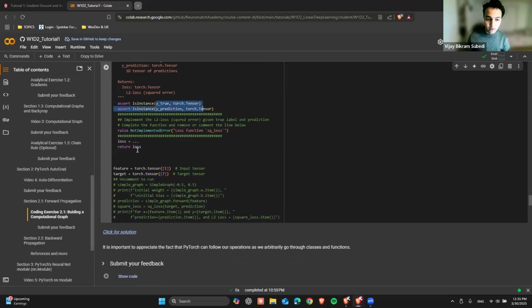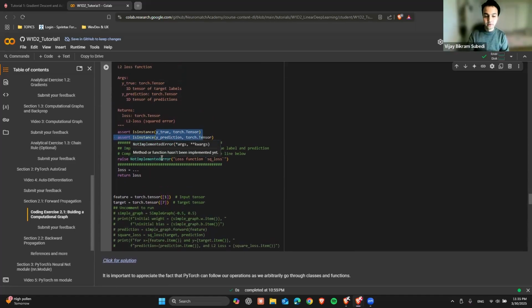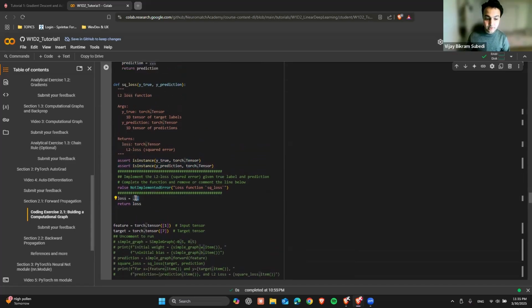Then we compute the loss and return it. Since it is the L2 loss, we compute it from y_true minus y_prediction, squared, meaning squared error loss.